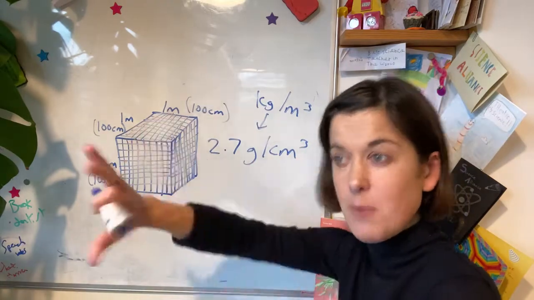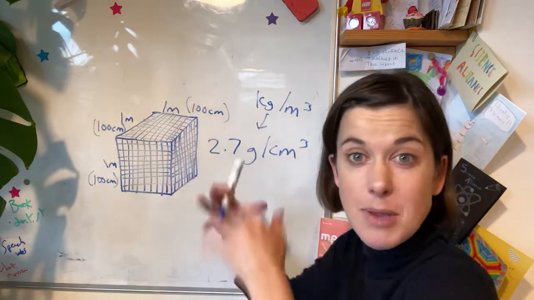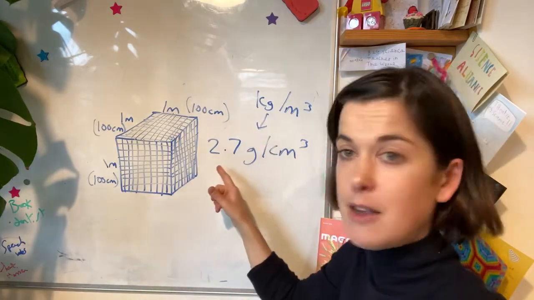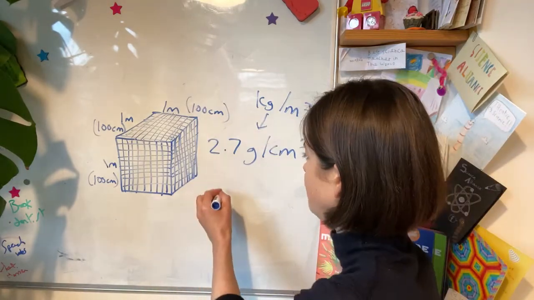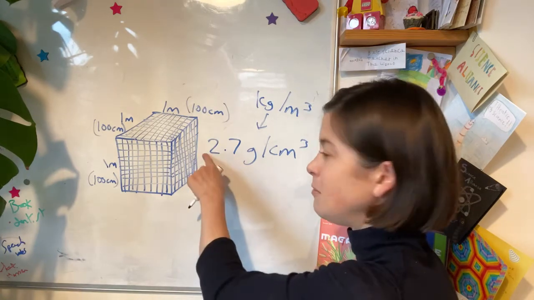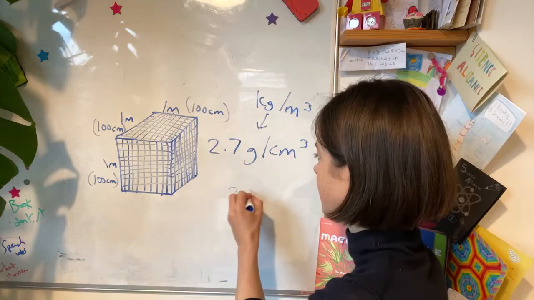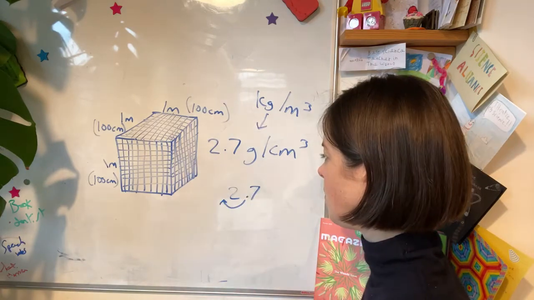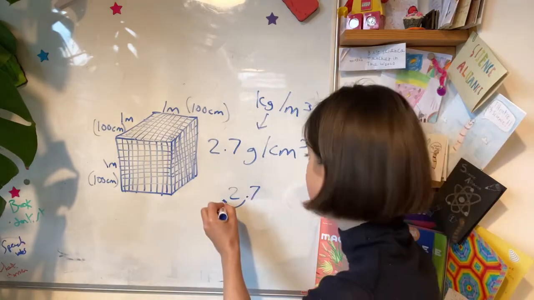If you're changing from grams to kilograms, the kilogram number is going to be a lot smaller, right? 1,000 grams in 1 kilogram, so you divide by 1,000 here. To divide 2.7 by 1,000, you move your decimal place back. So we've got 2.7. If I move my decimal place back 1, I've divided it by 10.